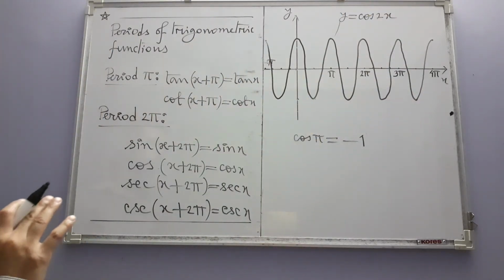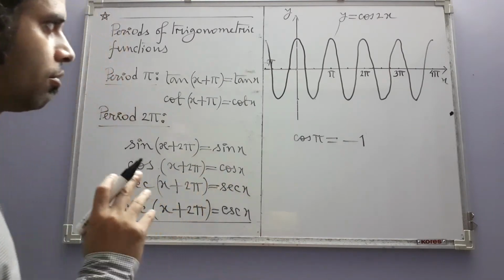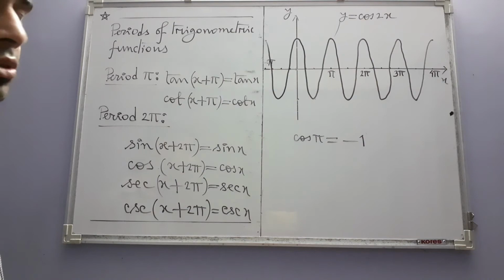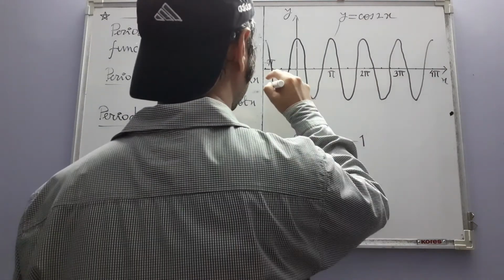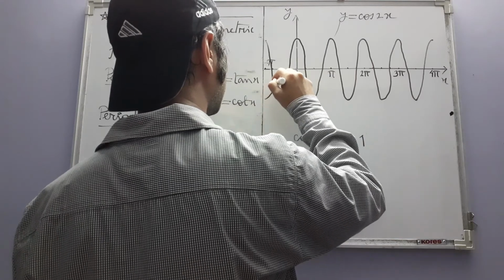Now if one then draws on top of it the graph of original cos x, what would that look like?